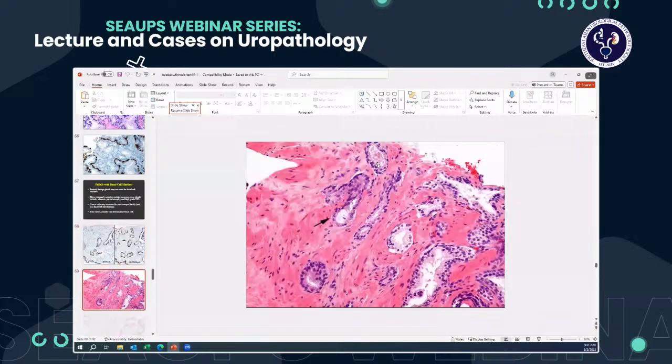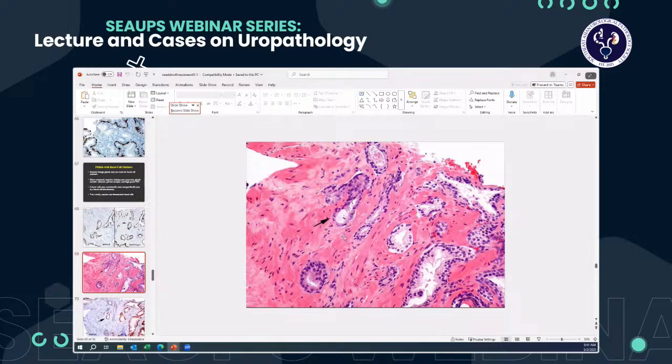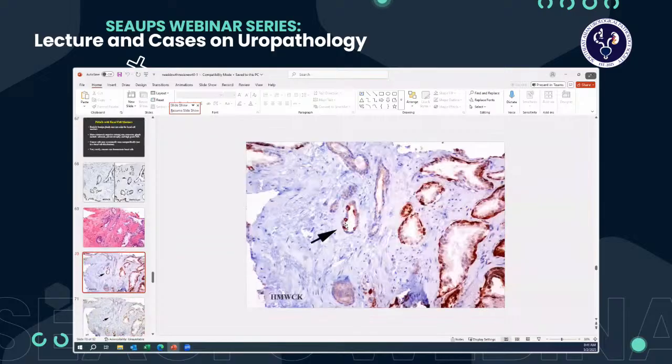Now, here's a case that's obvious, or it's pretty obvious. It's cancer. The benign glands are in the lower right, pale staining glands, no cytologic atypia. These glands have amphophilic cytoplasm. There were some nucleoli. But when we look here, the high molecular weight cytokeratin is staining some of the glands. Now, in contrast to the benign glands, which are staining basal cells in a flattened distribution beneath overlying negative secretory cells, here they're staining the cancer cells.